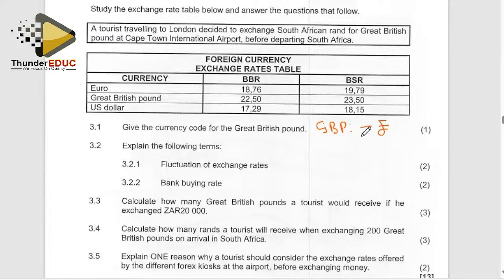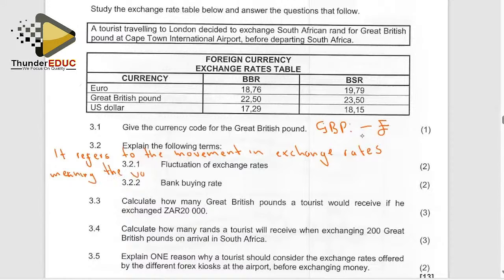Then explain the following terms. Fluctuation of exchange rates. So fluctuation of exchange rate refers to the movement in exchange rates, meaning the variation of the price of one currency in relation to others.